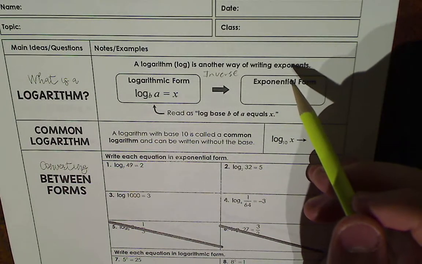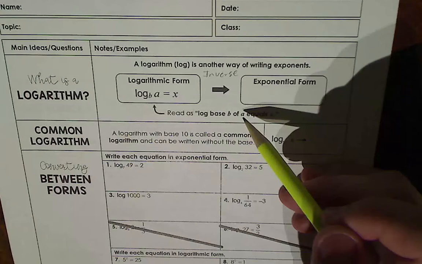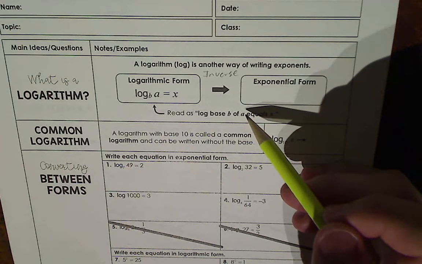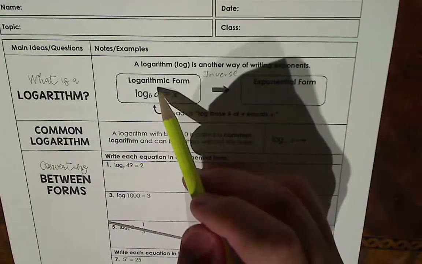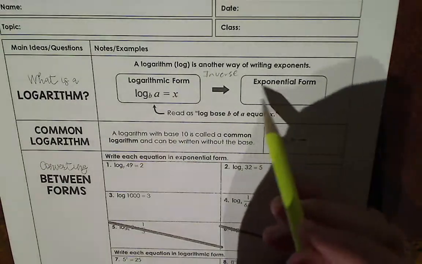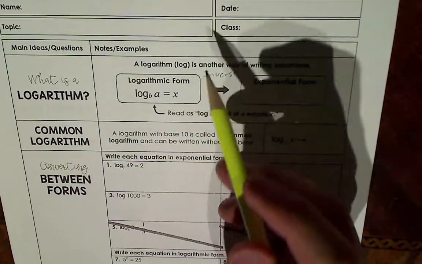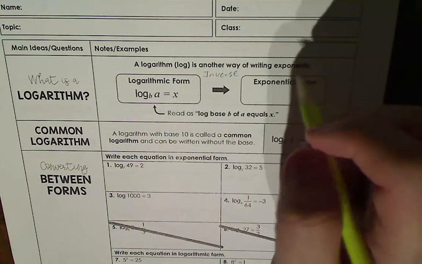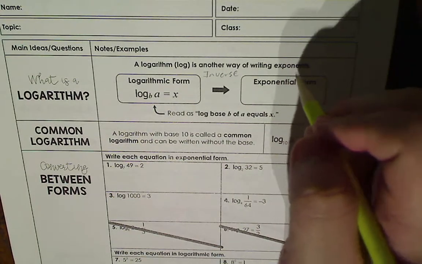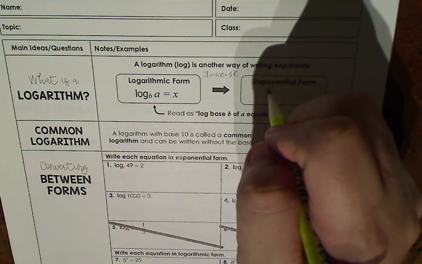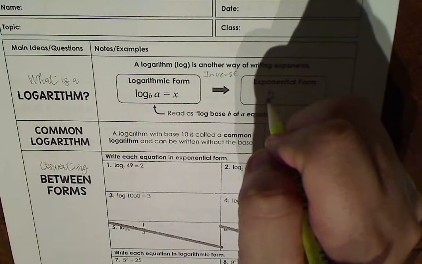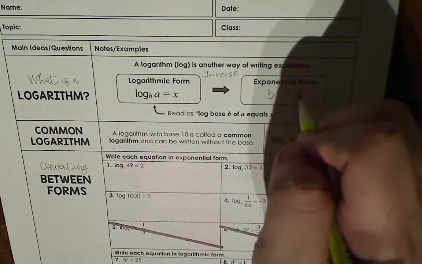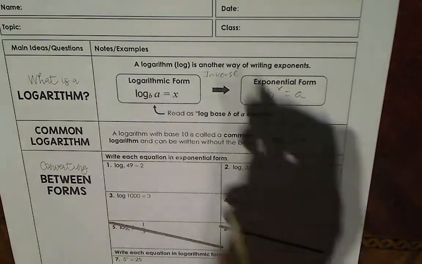The main thing about logarithm and exponential is called the conversion. A conversion rewrites a logarithm into an exponential or an exponential into a logarithm, so it does go both ways. The base form for an exponential is b to the x power is equal to a.